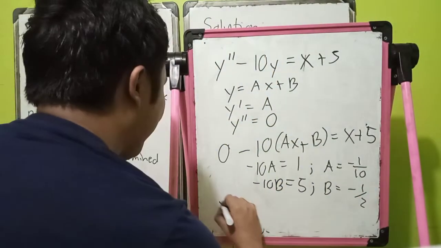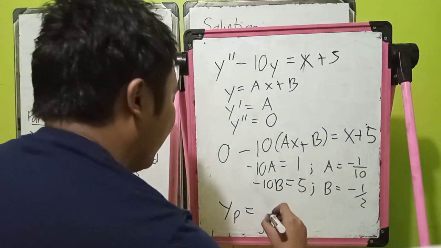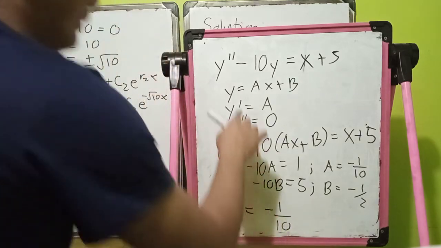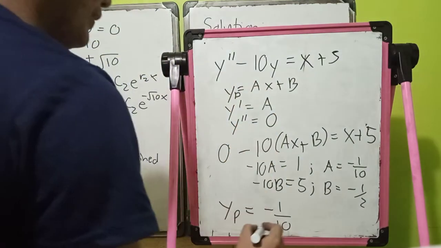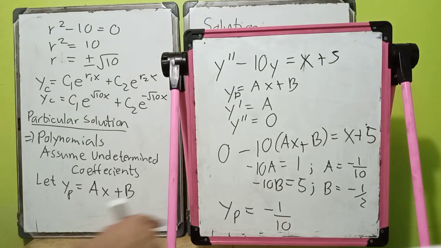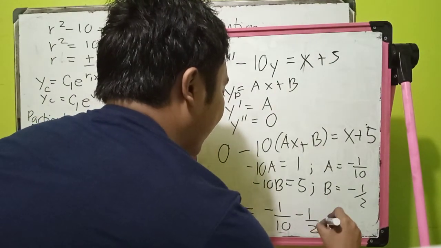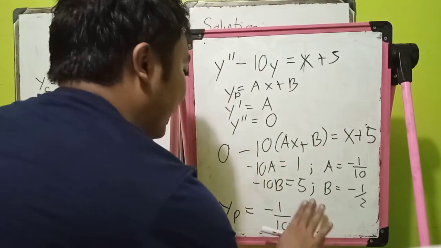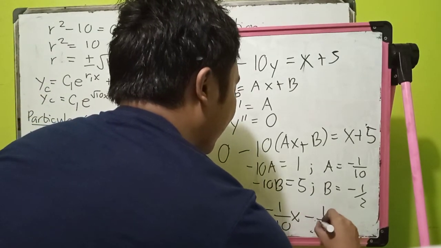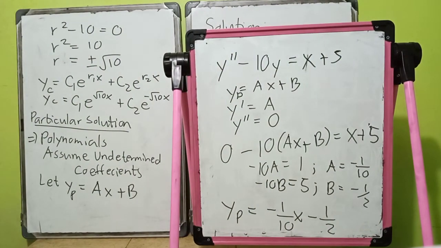So therefore, your particular solution yp is negative 1/10 x minus 1/2. Okay, so that's how we get it.